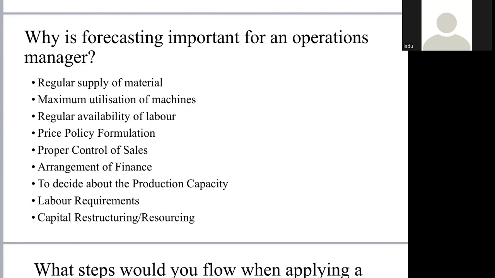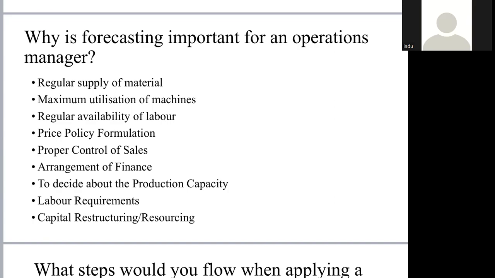And the second importance is the maximum utilization of machines through forecasting, right? Maximum utilization of machines means the operations can be so planned that the machines are utilized to their maximum capacity.